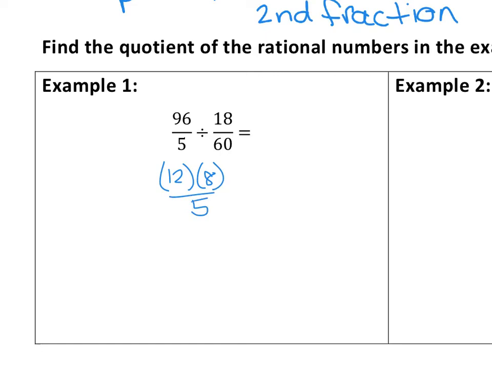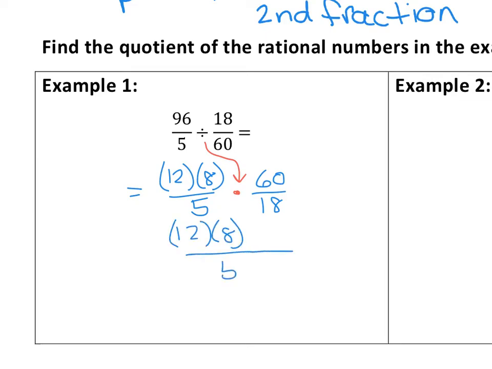And then I am going to change this division to multiplication of the reciprocal of the divisor, and so I've got 60 over 18ths. And then I'm going to keep simplifying here. So I've got so far 12 times 8, and for 60, I guess I think of 6 times 10, and 18, I think of 6 times 3.